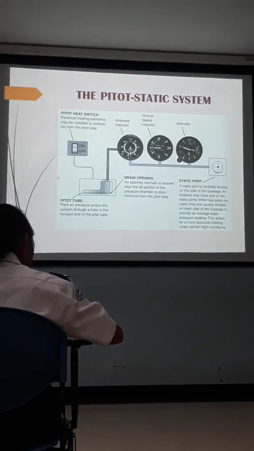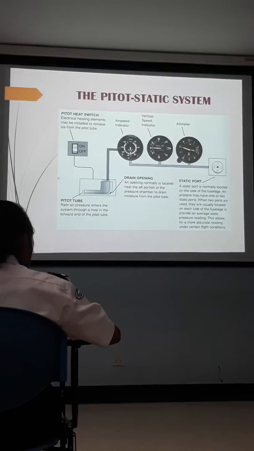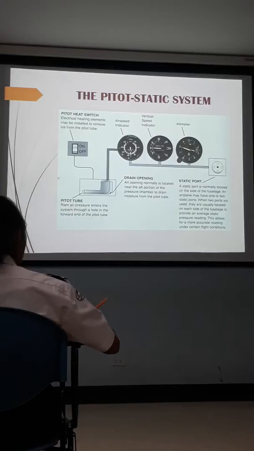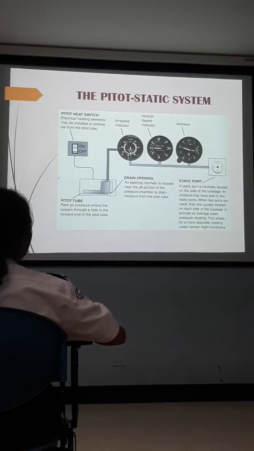And the other one that we need is the static port. A static port is normally located on the side of the fuselage. An airplane may have one or two static ports. When two ports are used, they are usually located on each side of the fuselage to provide an average static pressure reading, which measures the different atmospheric pressures when the aircraft flies.